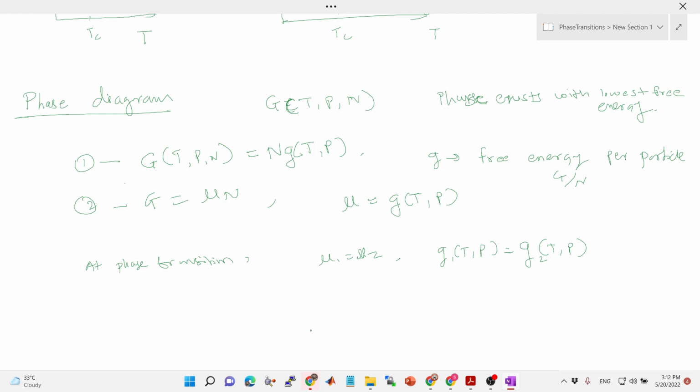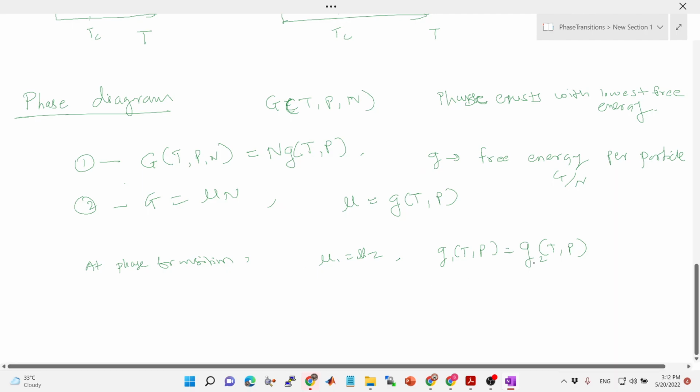Therefore, if g1 and g2 are the same, then what we have is only T and P. So the function's values are the same for multiple pairs of temperatures and pressures. That also means that the pressure can be written as a function of temperature. What this means is, if the temperature is varied, the pressure should vary.